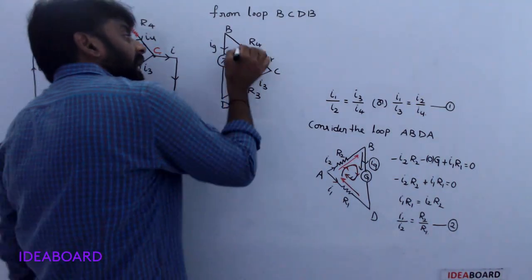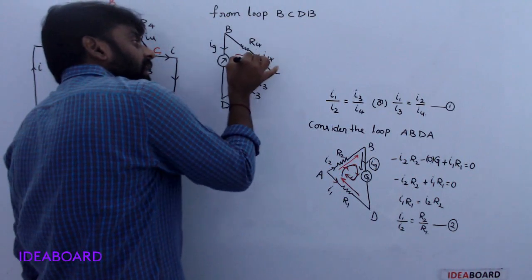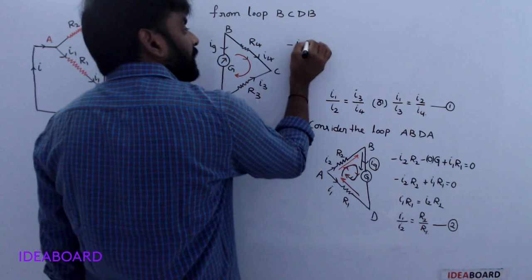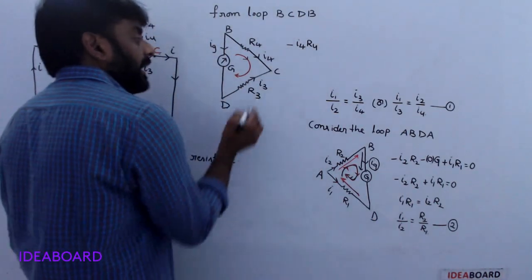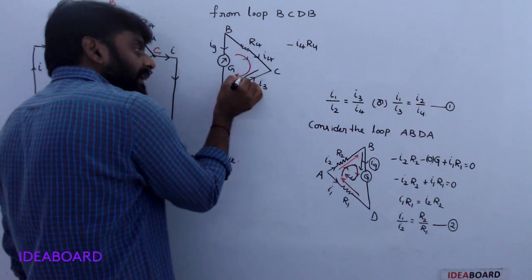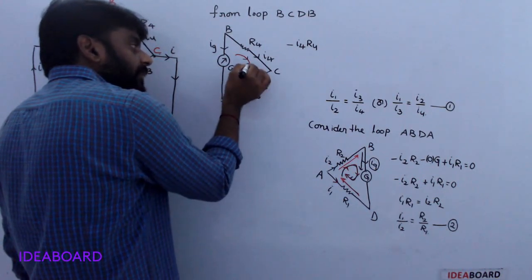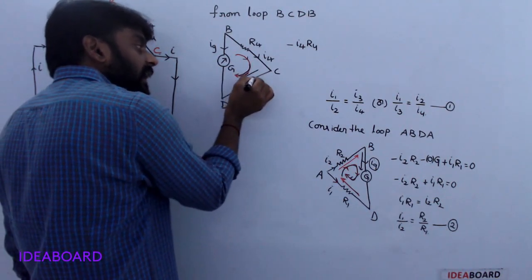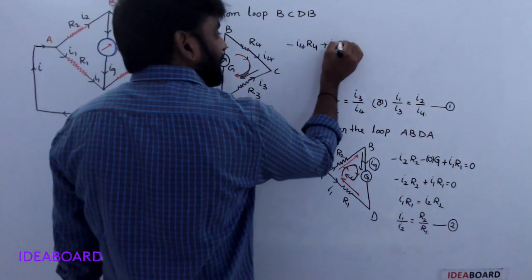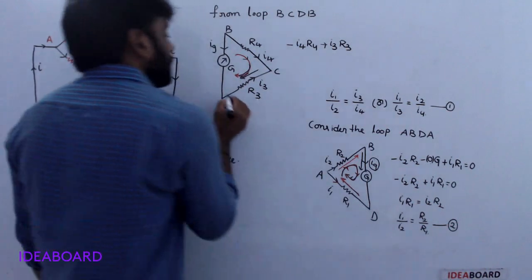Along the current direction, negative, minus I4 R4. Now again opposite to the current direction: you are moving in this way, but current is upwards. Opposite to the current direction means plus I3 R3.